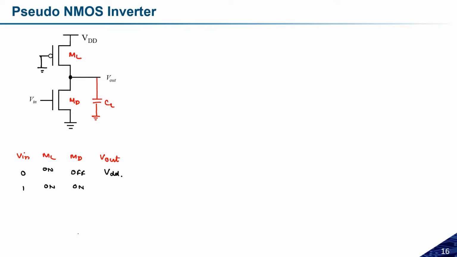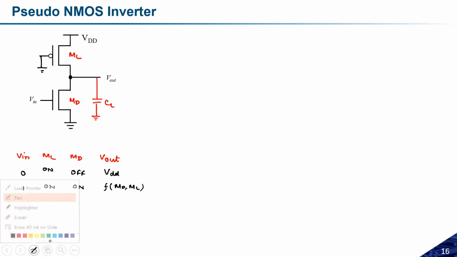Okay, now let us talk about what happens if the input is equal to 1, because both the transistors are on. Okay, if both the transistors are on, now this output becomes the function of MD and ML.